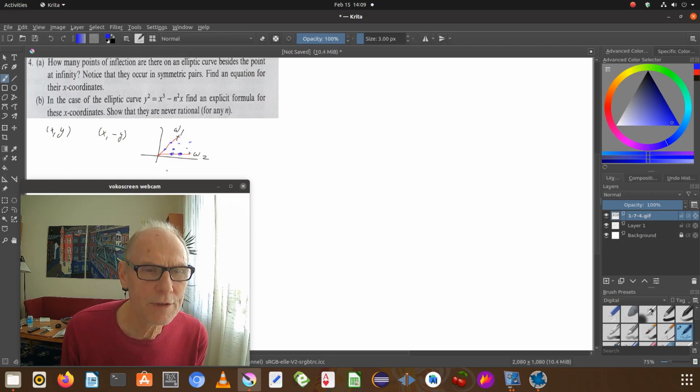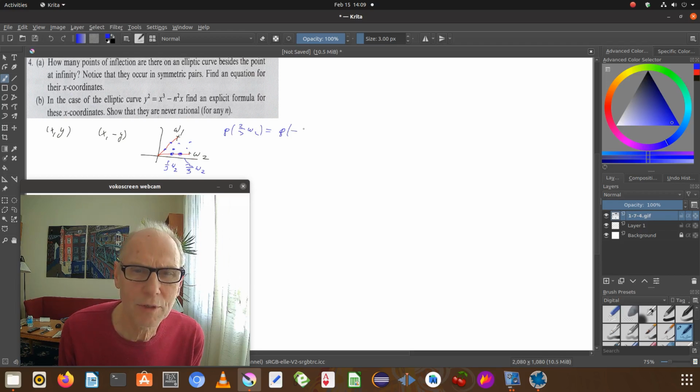So if this is 1/3 omega 2, then this is 2/3 omega 2, and that means that rho of 2/3 omega 2 equals, then we subtract omega 2, the Weierstrass P function of minus 1/3 omega 2.